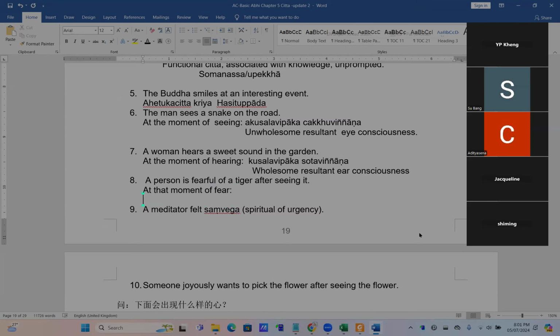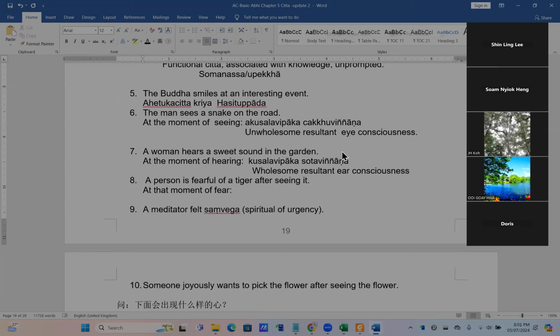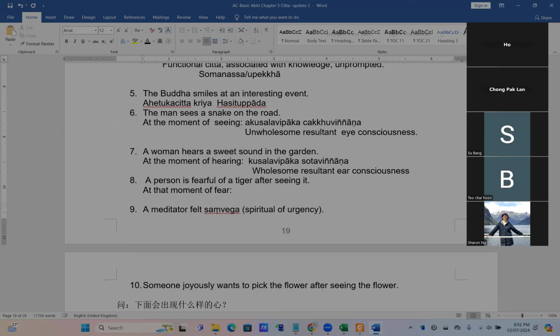Subang, you try. Fearful means akusala citta. Okay, akusala citta.